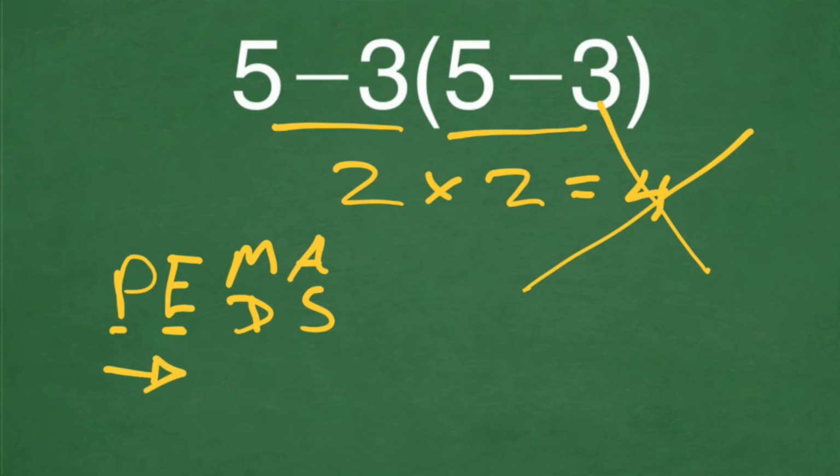Then, after we solve all the parentheses, we move to exponents. Then, after we solve all the exponents, we solve multiplication and division at the same priority, left to right. And finally, we solve addition and subtraction. If we solve addition or subtraction before multiplication, it is wrong.